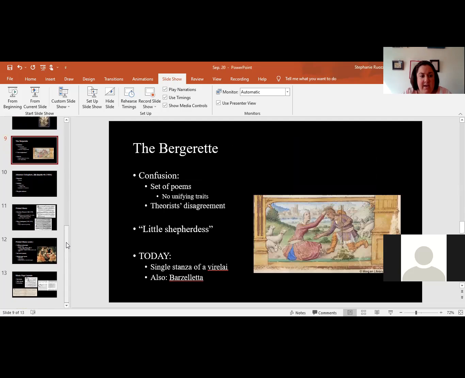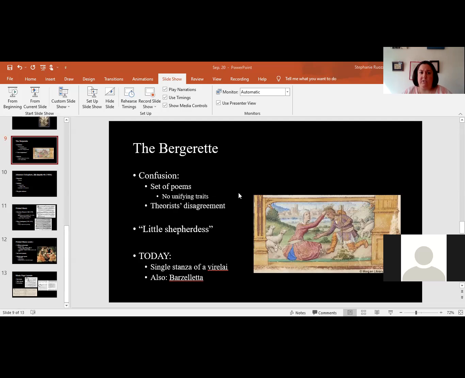Another genre that emerges is the Bergerette. Now, there's some sense of confusion about the Bergerette because it's a term that, much like cantilena, got applied to several different types of music. It was kind of a catch-all.